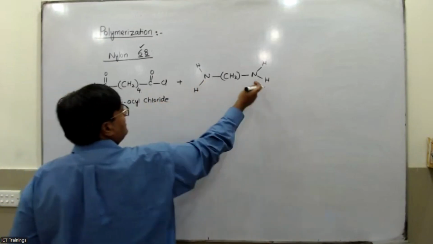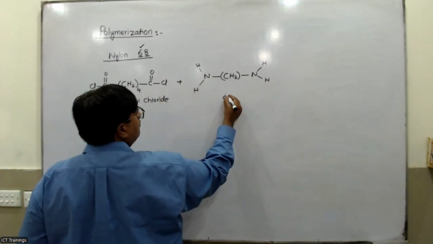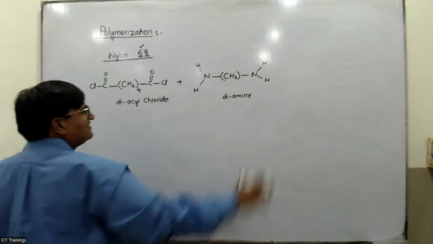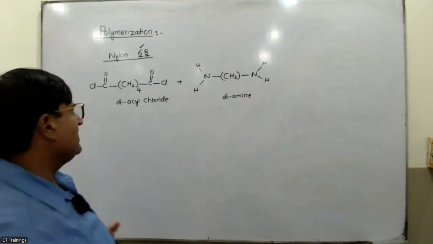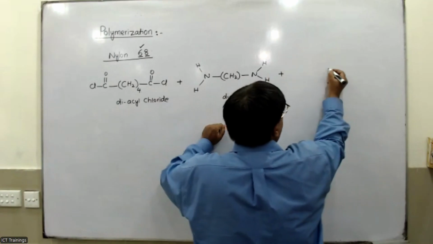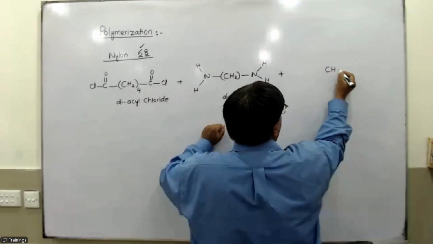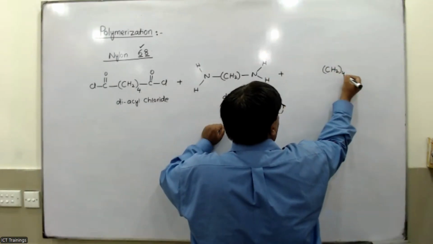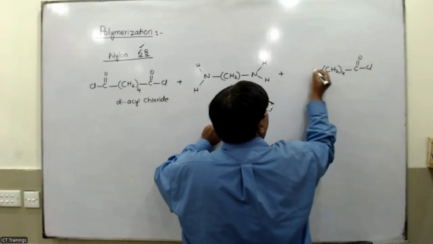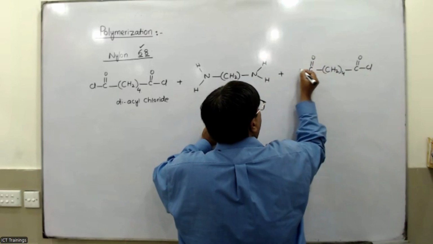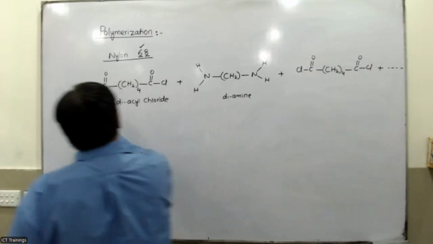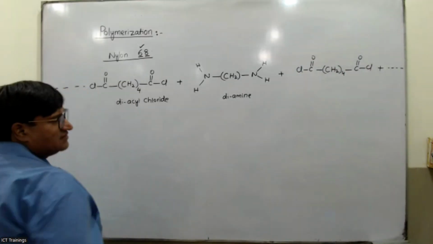And this one, my dear, contains the amine group on both sides, so this is the diamine. These things are going to repeat again and again. So diacyl chloride, diamine. Then again you should draw the diacyl chloride: CH2 4 times, C double bond O, Cl, and C double bond O and Cl. And then again you should make the diamine, and this continues on both sides.